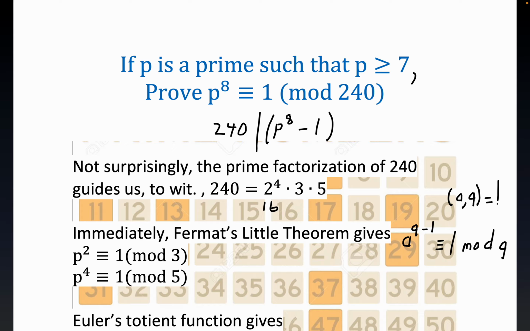Now notice that this also implies, since we have these things in congruence form, we can treat a congruence just like an equality. So if you multiply this congruence against itself 4 times, you end up getting p to the 8th is congruent to 1 mod 3.